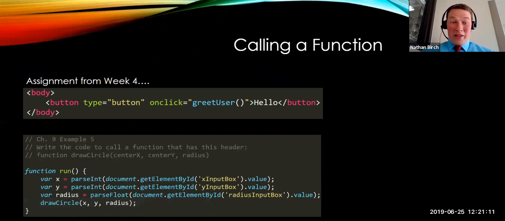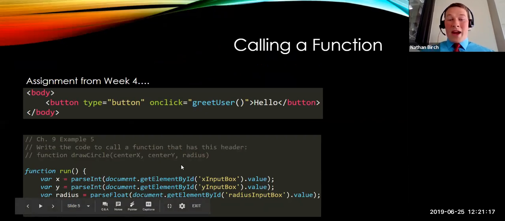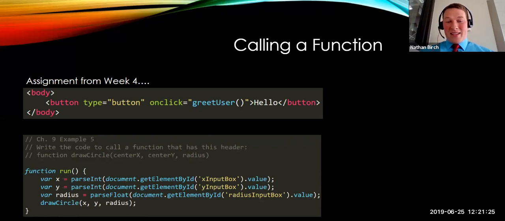There's quite a bit of coding involved with that. But yes, like this example right here, it has an x and a y and a radius. The x and y define the coordinates on the page for where you're going to start drawing your circle, and the radius computes the size of the circle so that it knows how big to draw it. But yes, that's what that function's for.